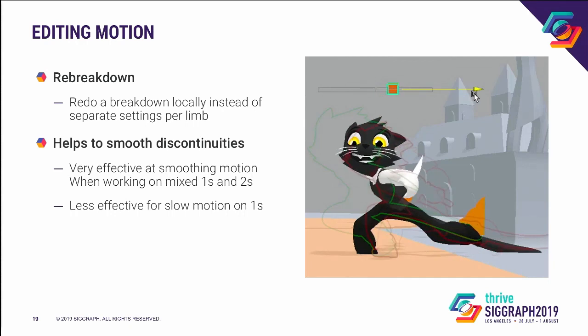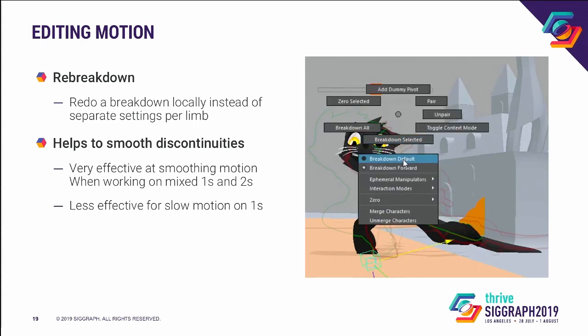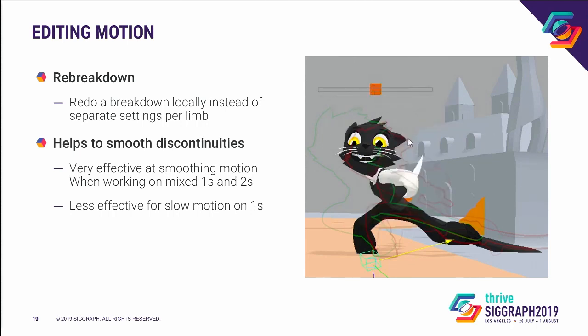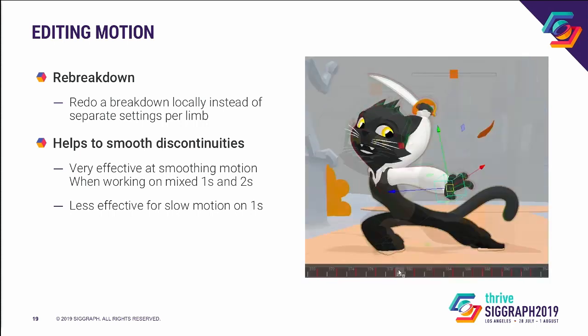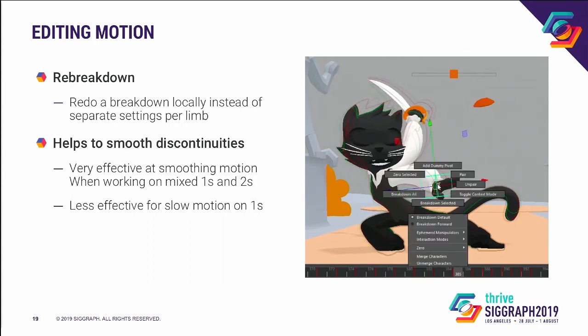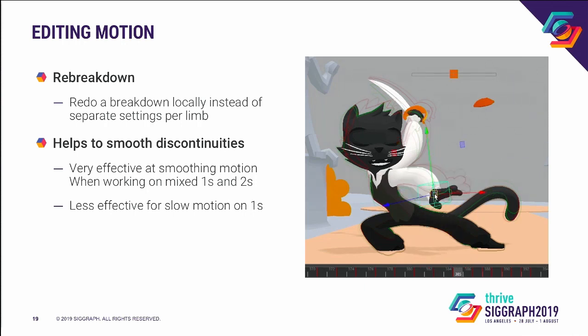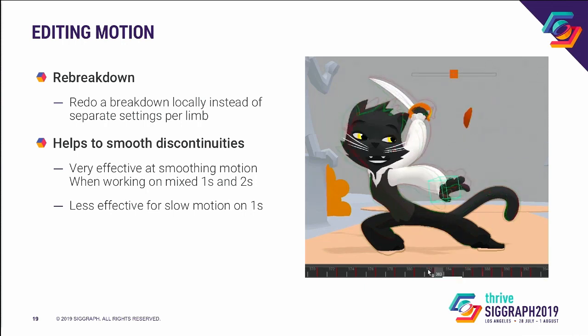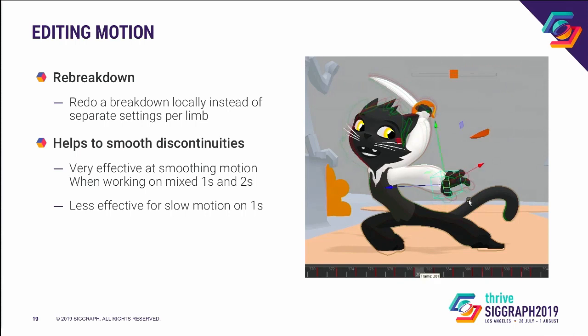To edit motion, I can re-break it down, and I can do that on individual parts of the body independently. So for instance, if I make a change to a particular pose, I can effectively blend it into the surrounding areas by going to those poses and re-breaking them down. It also gives me a very direct way to solve discontinuities of motion. So you have that classic example where your character hits a wall, has a sudden momentum change on a particular frame.